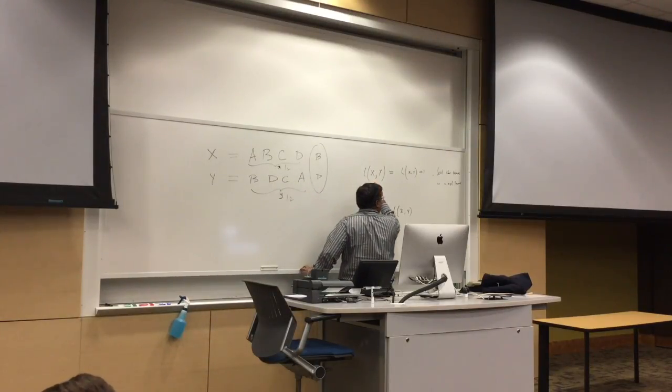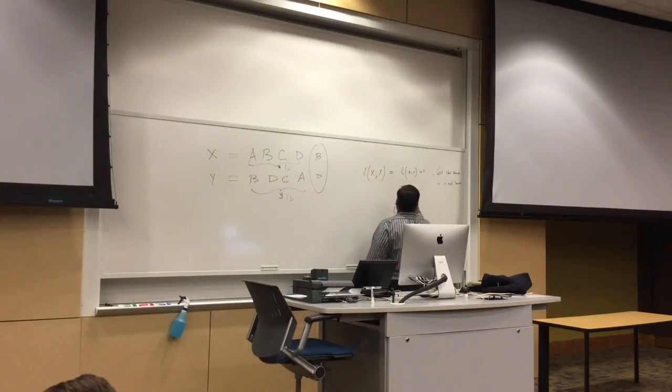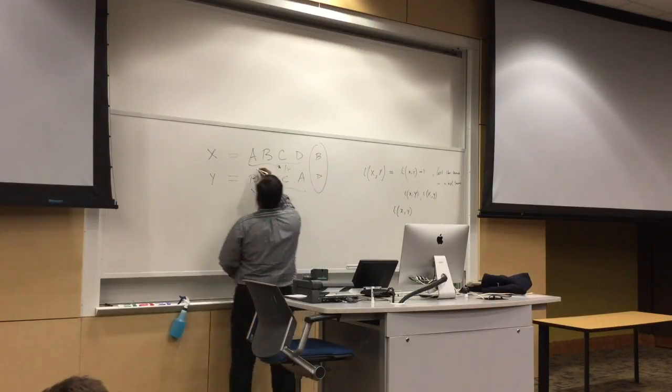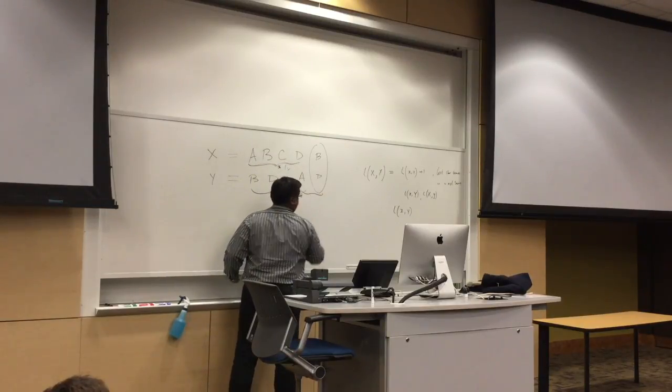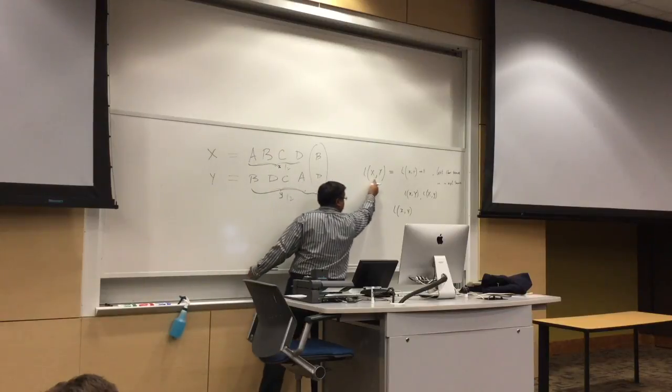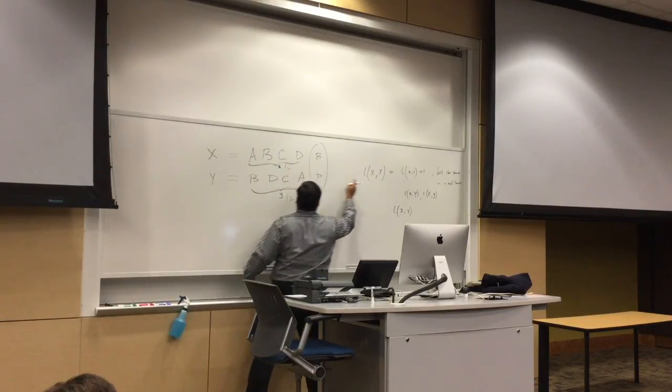But you can ask everything else. So you'll ask me, what is L of x with uppercase Y? And you will ask me, what is L of uppercase X with lowercase y? So that is asking the length of the longest common subsequence of this with this whole thing. That's different from this. So you're allowed to ask.